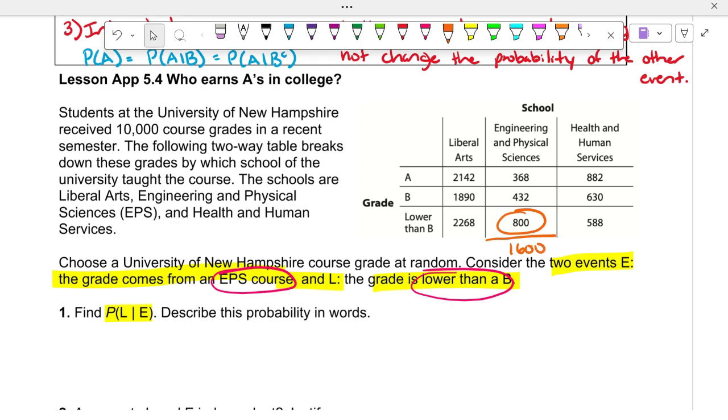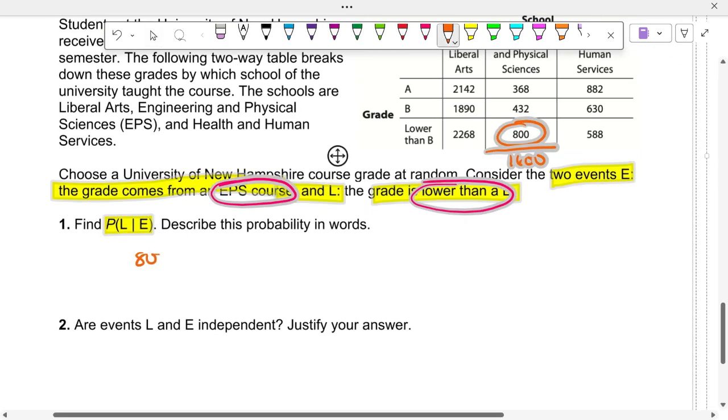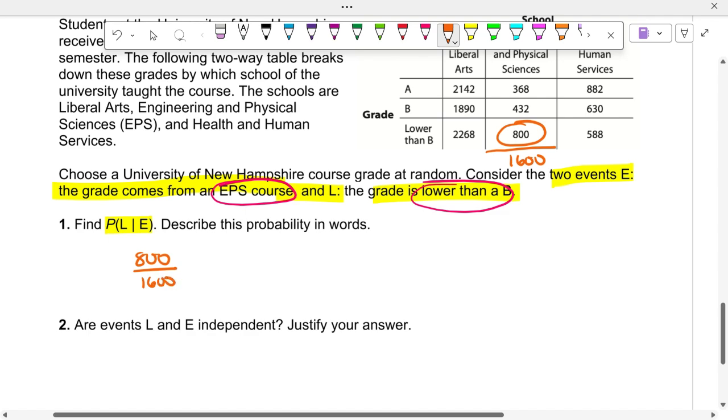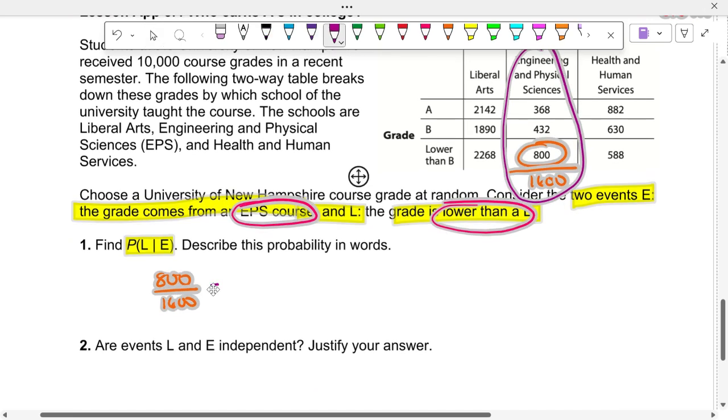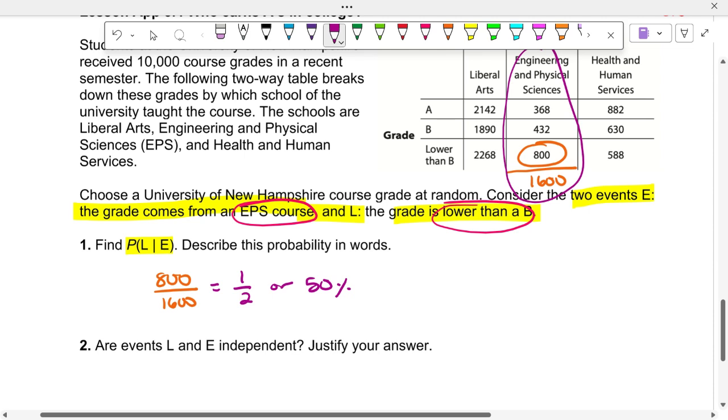So it's 1/2. Good. So 800 over 1600, because since we're given the engineering and physical science class, we're looking within this column. If you simplify that, you should get 1/2 or 50% chance of them getting lower than a B.